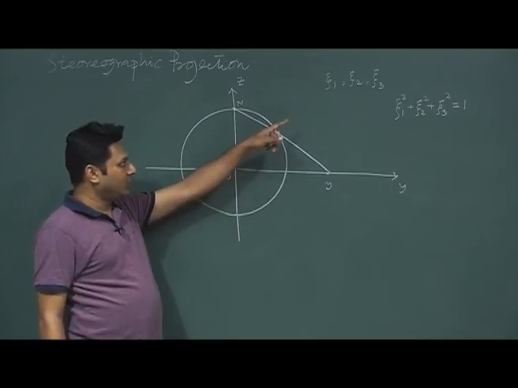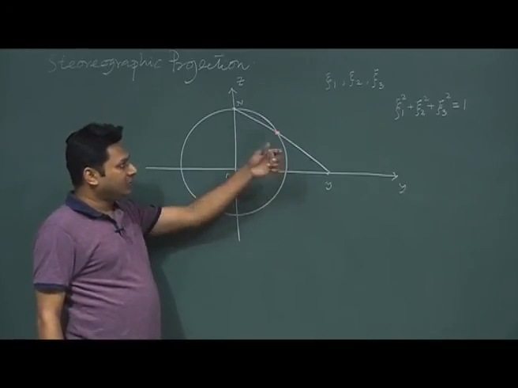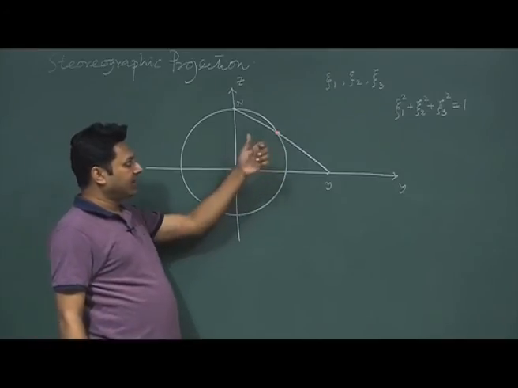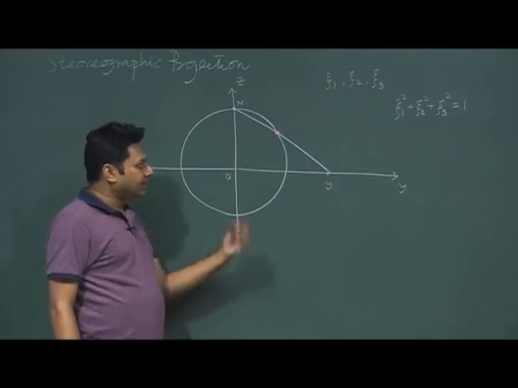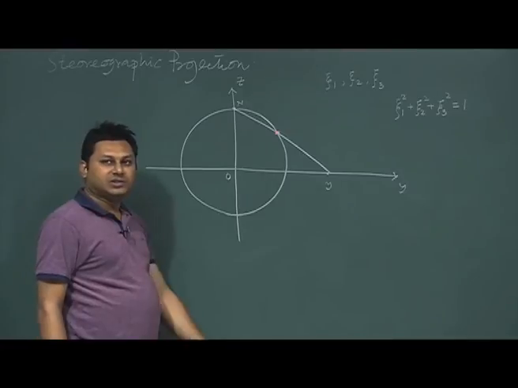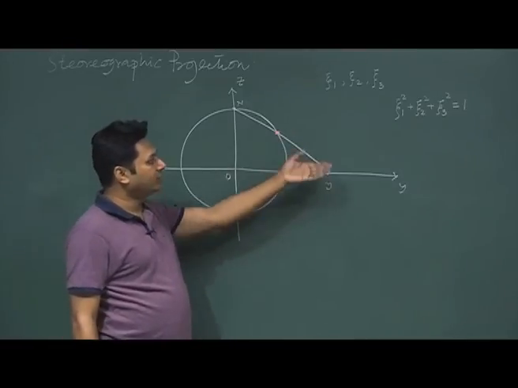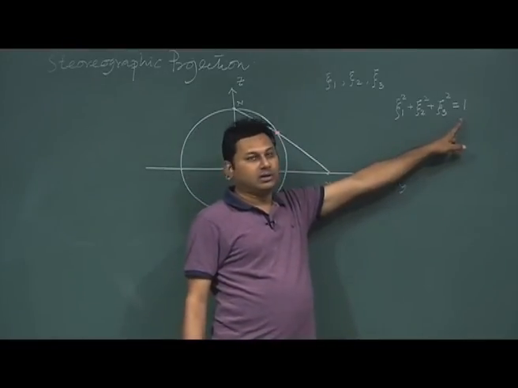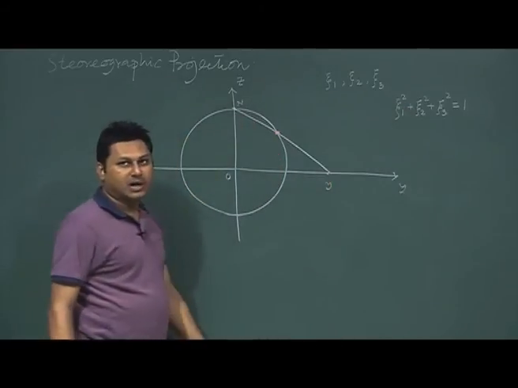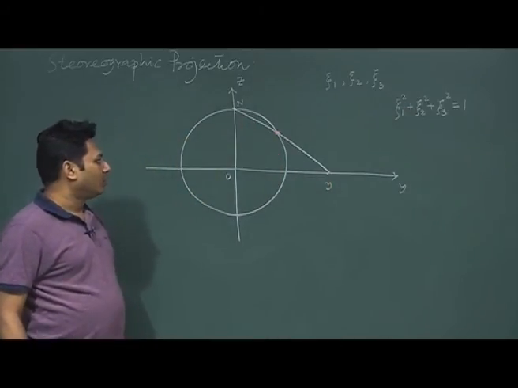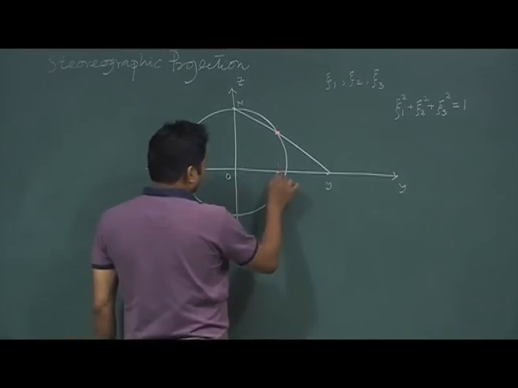Psi 1, psi 2, psi 3 is nothing but the polar coordinate of this thing. If you do the polar coordinate, then psi 1 will be sin theta cos phi, psi 2 will be sin theta sin phi, and psi 3 will be just cos theta. Just do it and you will find that if you square them and add, it will be 1. Since r is 1, I shouldn't put r, I should just put 1. So what is the coordinate of this point?